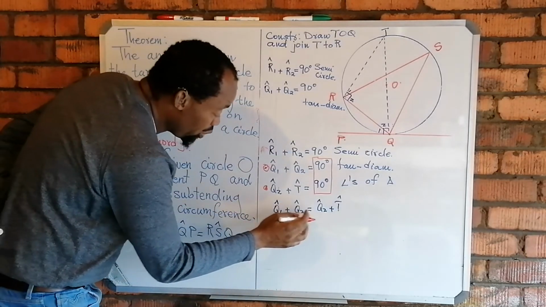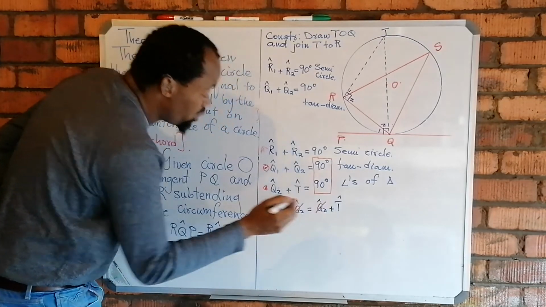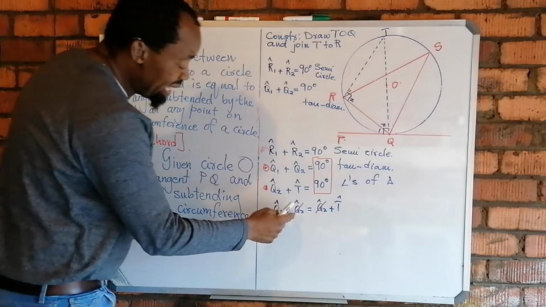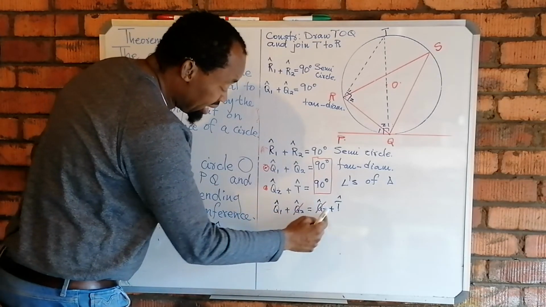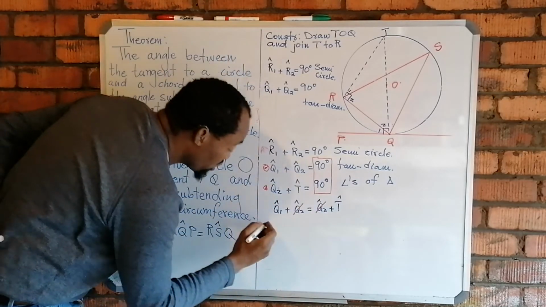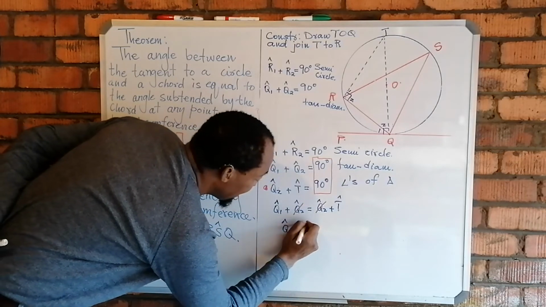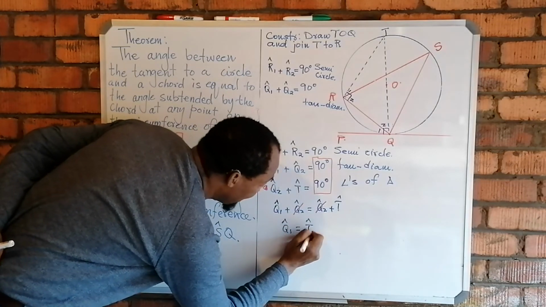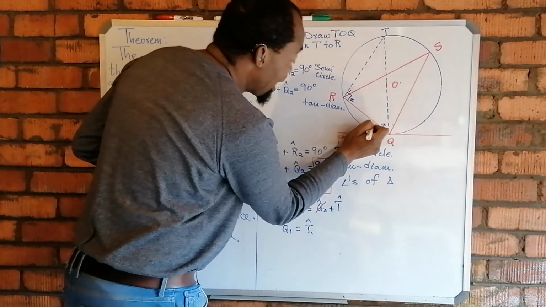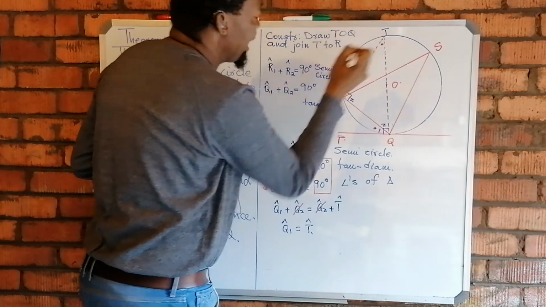Now, when we group these two, you can see that that is going to cancel that. When I add the additive inverse, taking this to the outside to be negative, it will cancel. Now that means angle Q1 is exactly the same as angle T. I have now proved that this angle is equal to that angle.